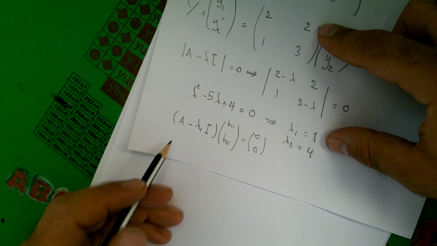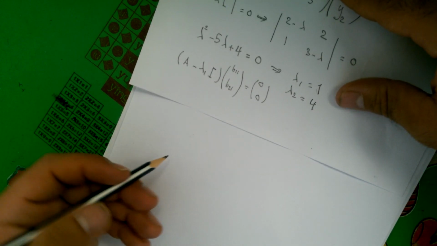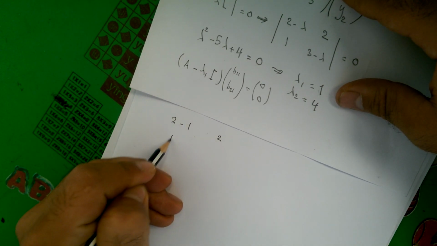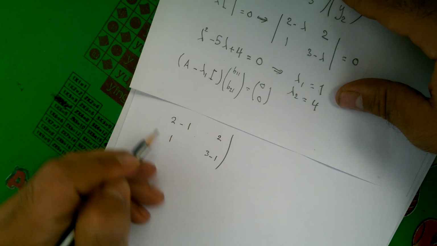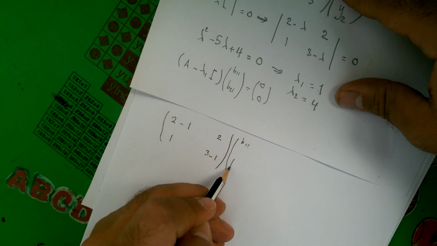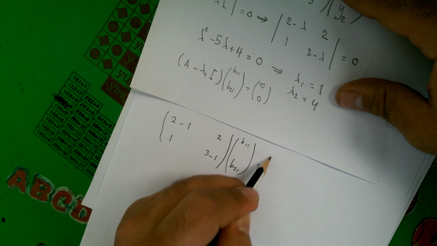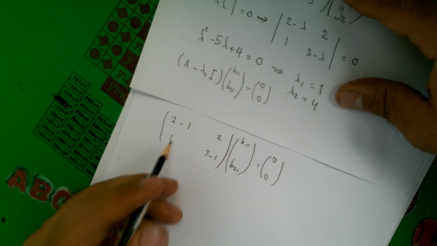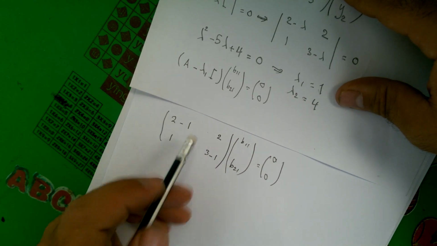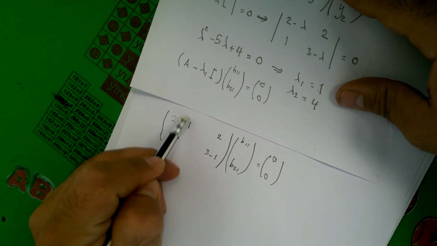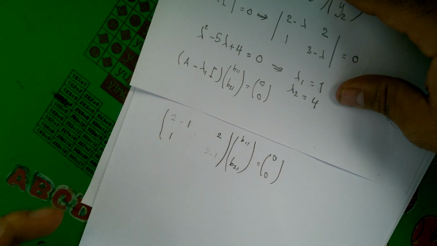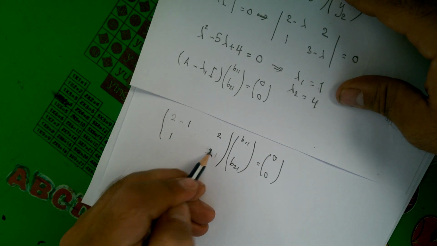Then we have 2 minus 1, 2, 1, 3 minus 1, multiplied by b11, b21 equal to 0, 0. And what we have is 2 minus 1 is 1, and 3 minus 1 is 2. Now we have this matrix.